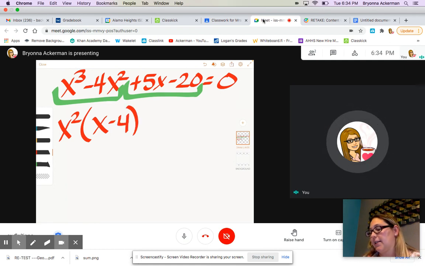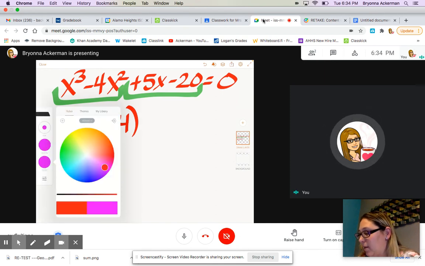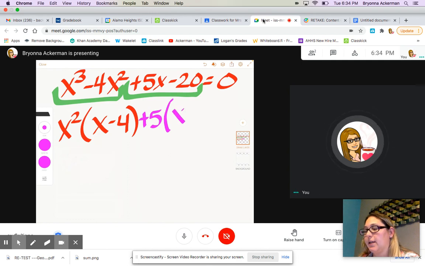And then the second set of terms, I'm going to see what they have in common. And in this case, they have a 5 in common. 5x divided by 5 is x. Negative 20 divided by 5 is a negative 4.